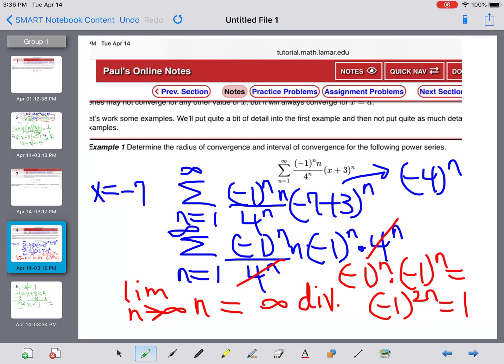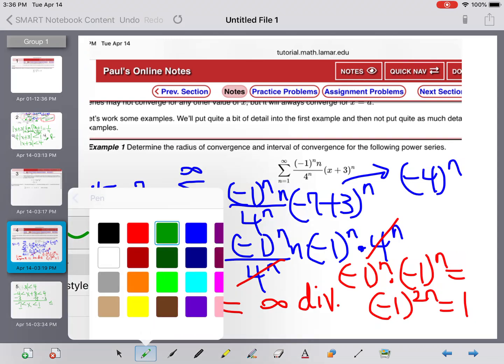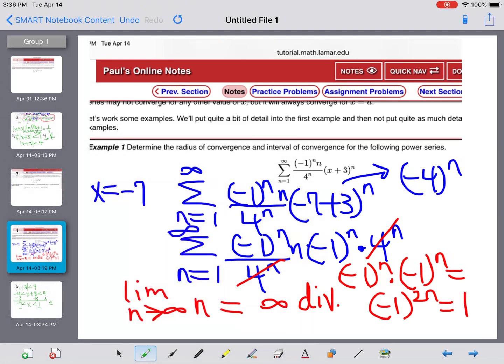And I went ahead and did that for -7. So where I see an x, I plugged in -7. And that gave us -4 to the nth power. Now, -4 to the nth power, we can rewrite that as -1 to the nth power times 4 to the nth power.